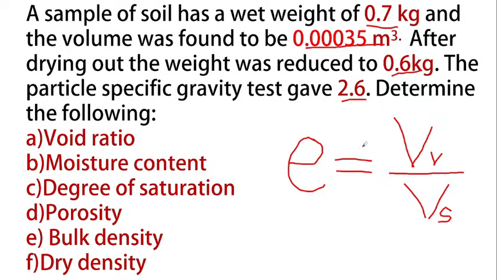So how are we going to find the void ratio? In order to find the void ratio, first we're going to find the value for Vs by using the following formula.